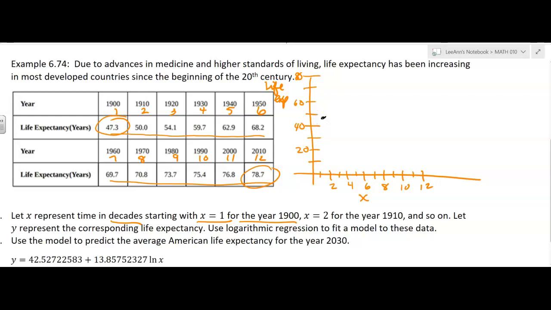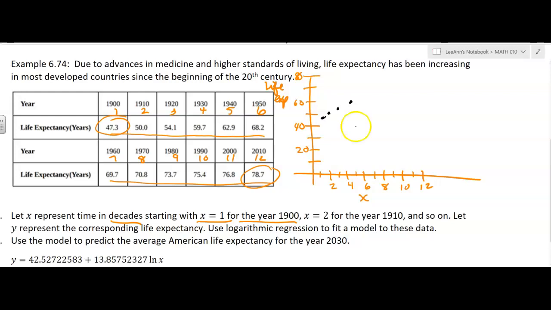And then in the first decade after 1900, which is going to be 2, it was 50. And then 3 is 54, maybe there. 4 was almost 60.